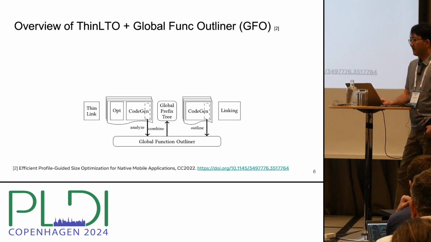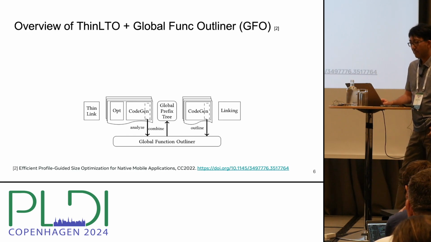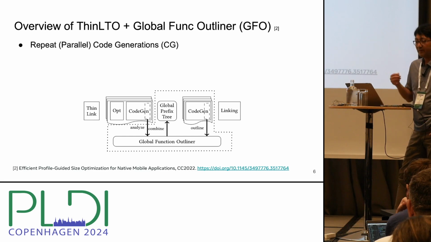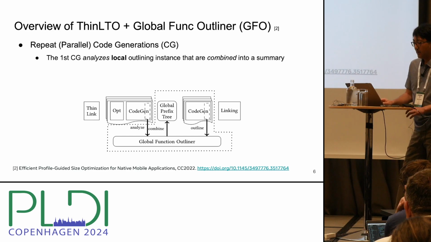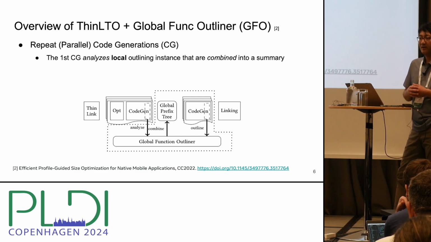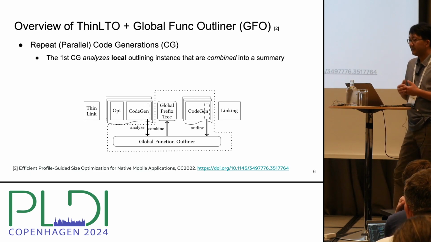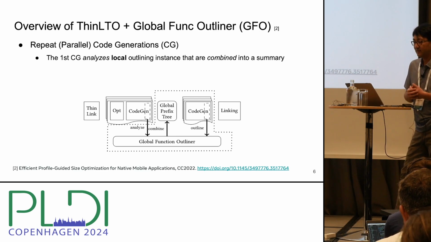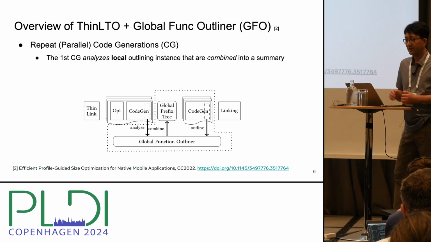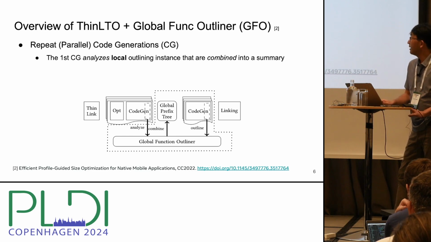Let's break down ThinLTO with the global function outliner that has been published before. The key idea is to repeat code generation to get some global view. Basically, during the first codegen round, we perform the outliner locally to find some local outline instances and then publish such opportunities into a sort of global summary named the global prefix tree.